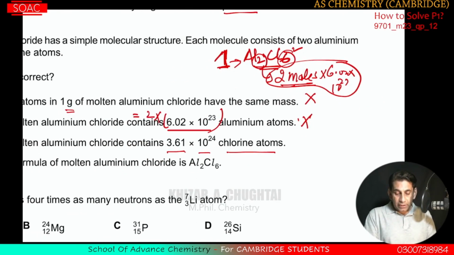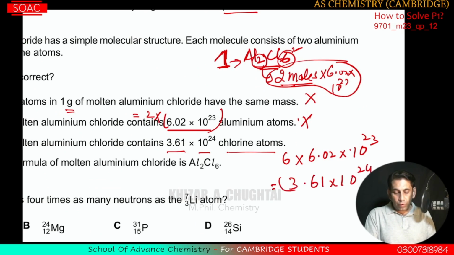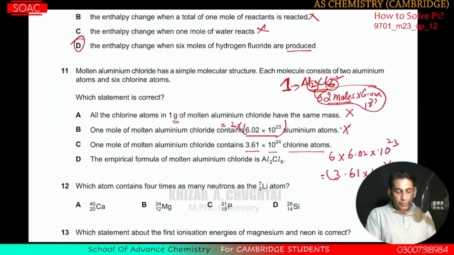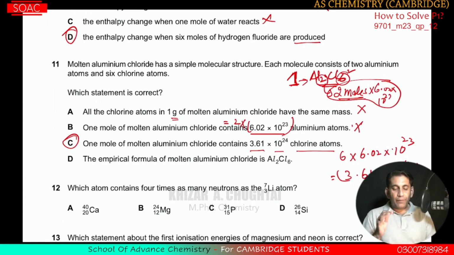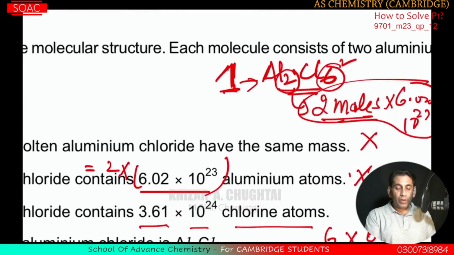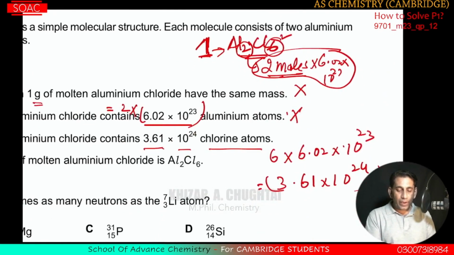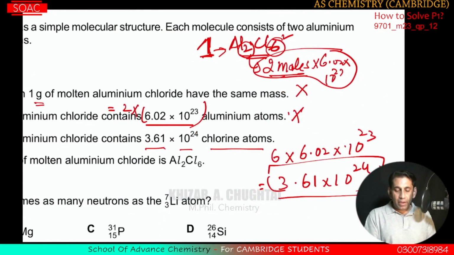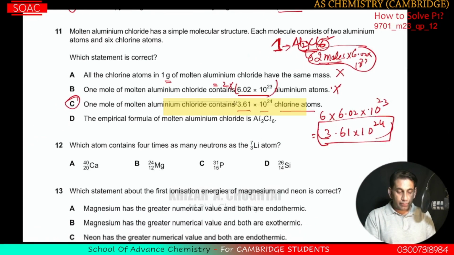How to find the number of atoms? 6 moles times 6.02 times 10 raised to the power 23, I mean Avogadro's number. And yes, that is equal to 3.61 times 10 raised to the power 24. C is the correct option. 1 mole of aluminium chloride, with the formula Al2Cl6, has this number of total chlorine atoms. Yes, it is true.